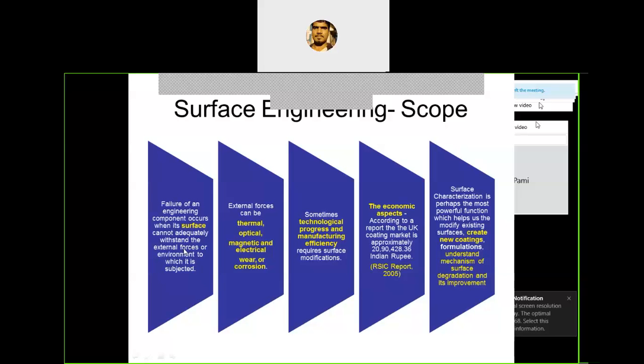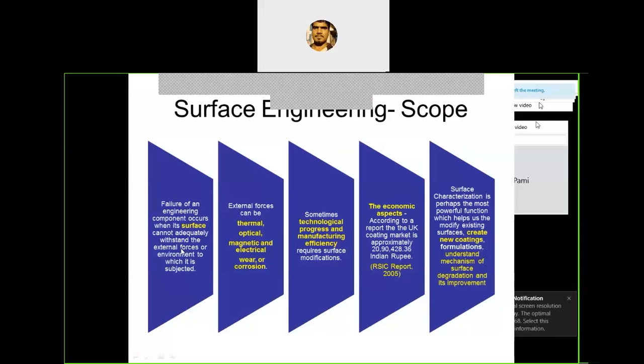Wear always occurs at the surface, not at the depth or inside. Corrosion also occurs at the surface of the component first. So for these forces, the surface is an important criterion. These forces directly act on the surface.